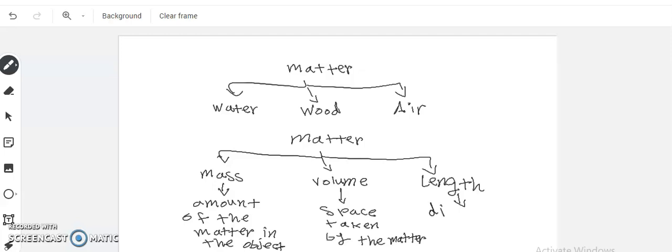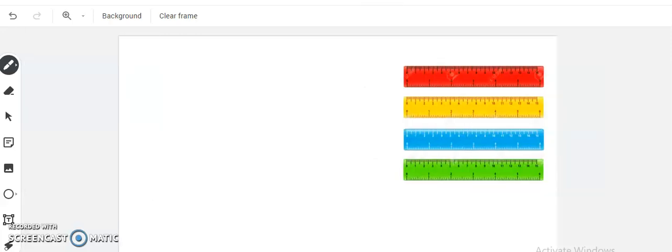Distance, like distance here, or we are talking about the height or width. All these quantities are related to the same concept. Let's talk about length.